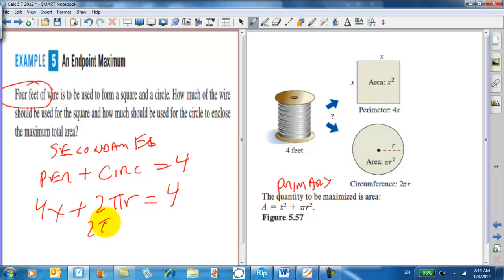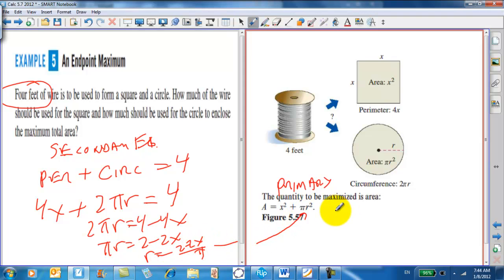So 2 pi r equals 4 minus 4x. So pi r equals 2 minus 2x, or r equals (2 minus 2x) over pi. And that's what plugs in for r right there. So our new primary equation now is x squared plus pi times r, which is (2 minus 2x) over pi, all that quantity squared.